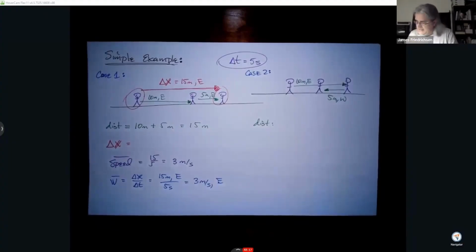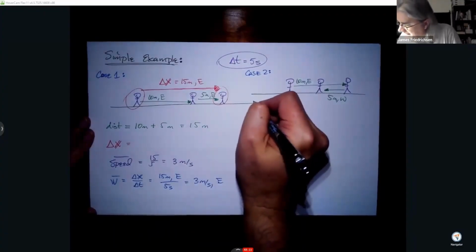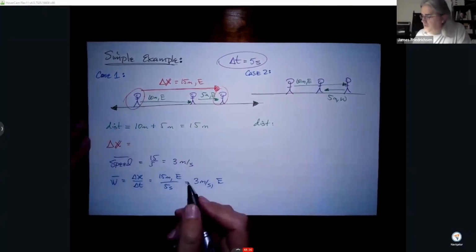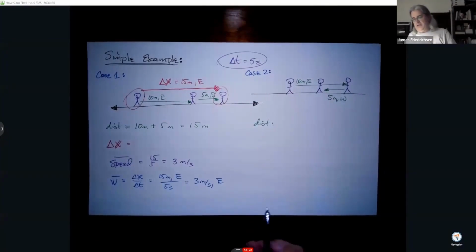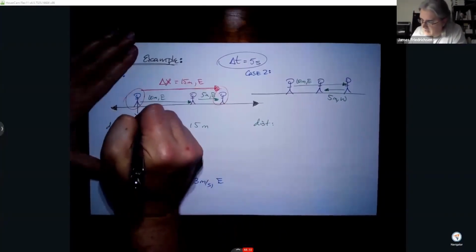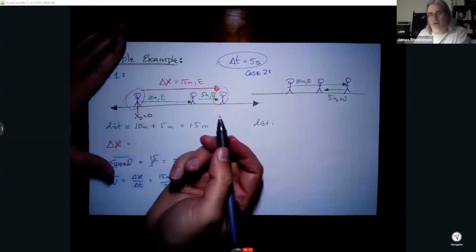And so this is exactly what I wanted us to see, is that this can be done like that. But we can also go in and choose our coordinate system. Normally we would pick our origin of the coordinate system to be where we start.